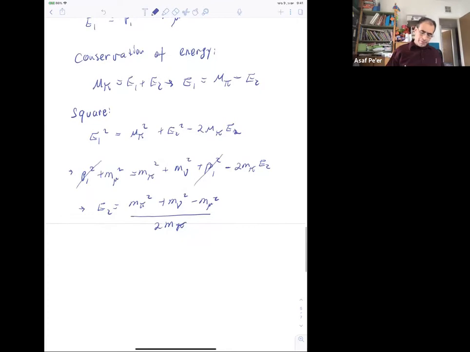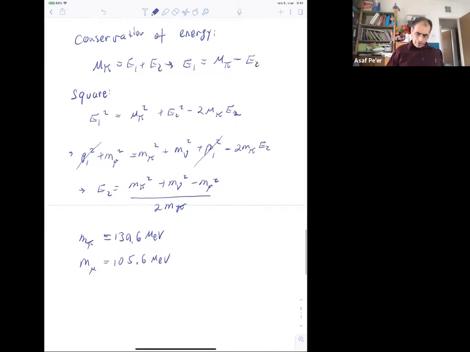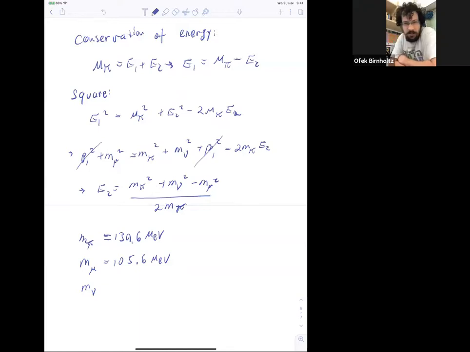If you put the numbers, m pion is about 140. The exact value is 139.6 MeV. The mass of the muon is 105.6 MeV. What is the mass of the neutrino? Almost 0, that's right. So we can simply put it as 0.